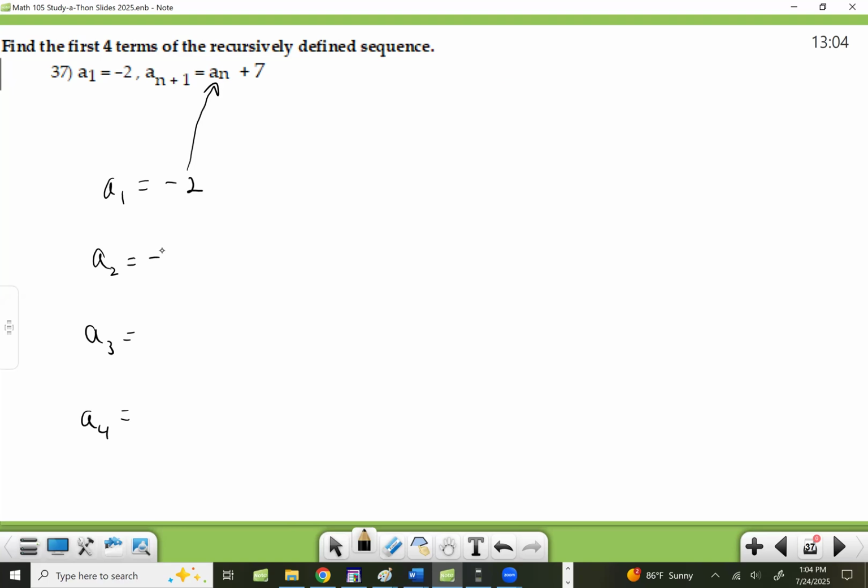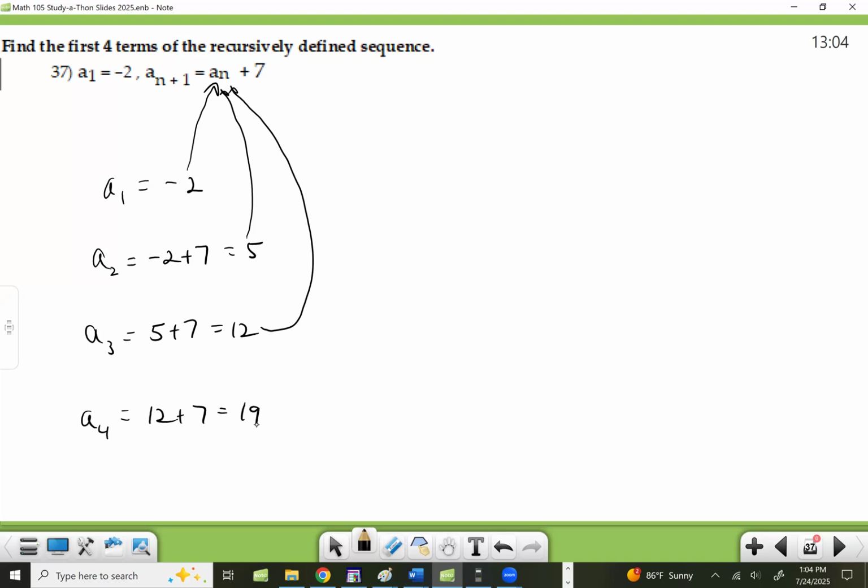So we're going to plug in -2 plus 7. We're getting 5. Now, for the next term, I'm going to plug the 5 in there, right? So we got 5 plus 7, which is 12. Then to find the next term, we're going to plug the 12 in. 12 plus 7 is 19.